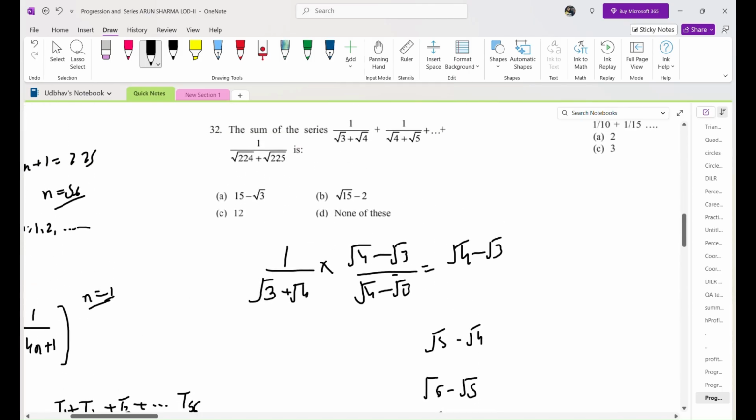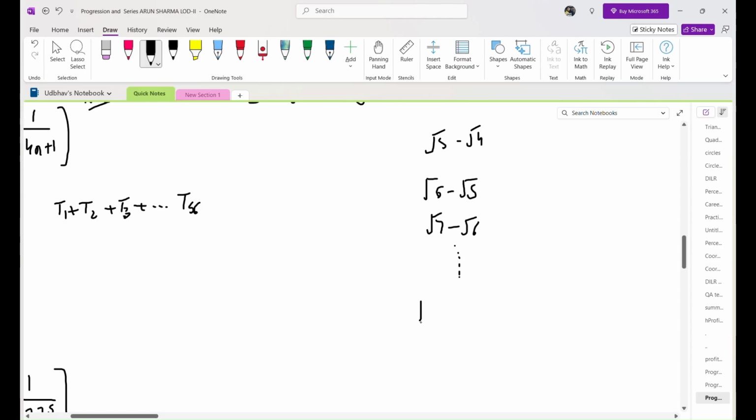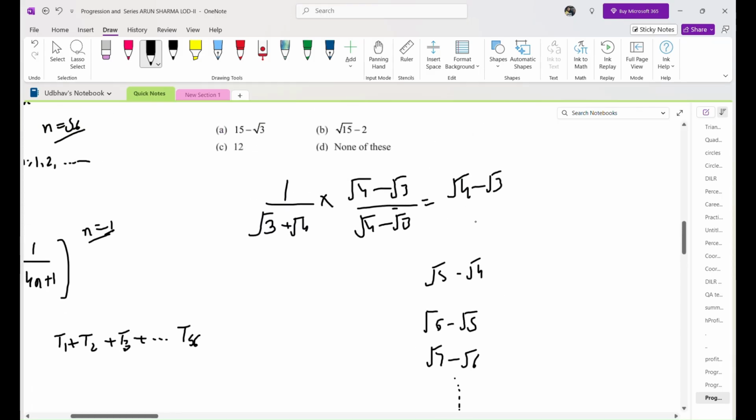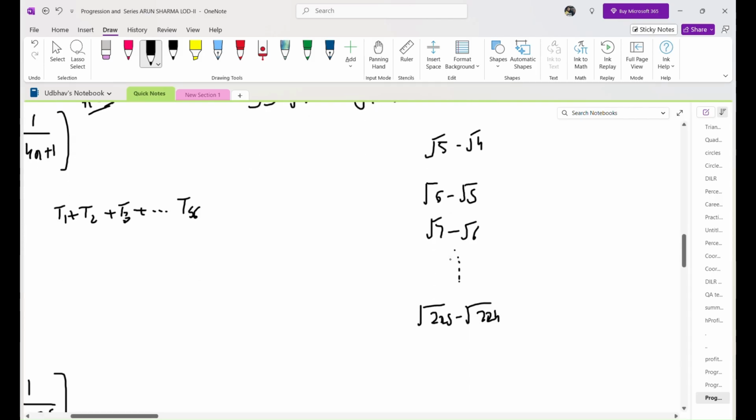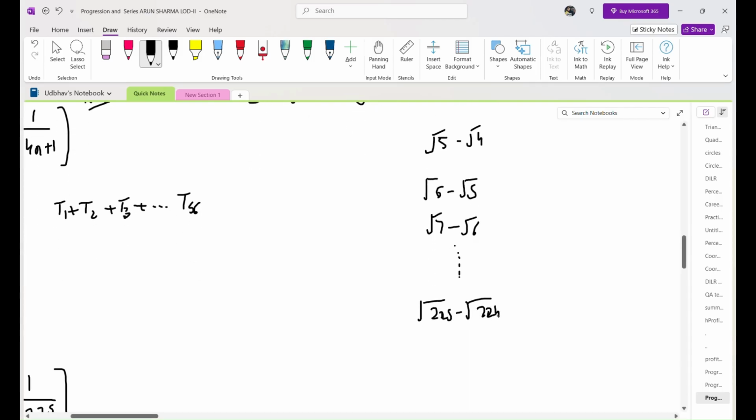So what will be the last term? Root 225 minus root 224. The bigger number is before the negative sign and the smaller number is after the negative sign. That's the pattern here. 5 is greater than 4, 5 is before 4, 6 is greater than 5, 6 is before 5. That's why 225 is greater than 224, 225 is ahead of 224.